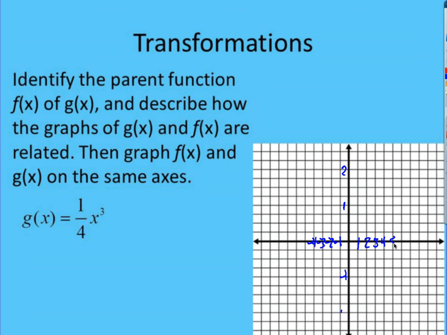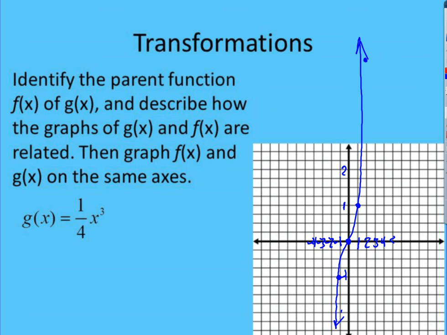Okay, so if we just put in values for x cubed, we'll start at 0, 0. 1 cubed is 1. Negative 1 cubed will give us negative 1. 2 cubed will give us 8, which is all the way up here somewhere. So our graph is going to go up very quickly, and it's going to go down very quickly.